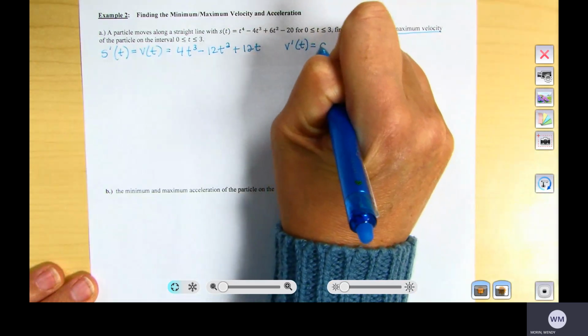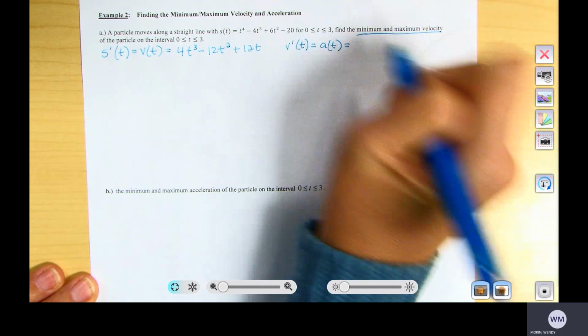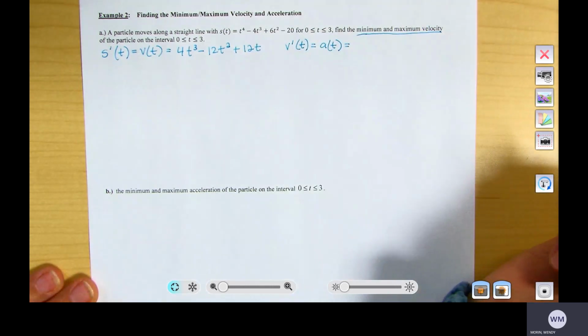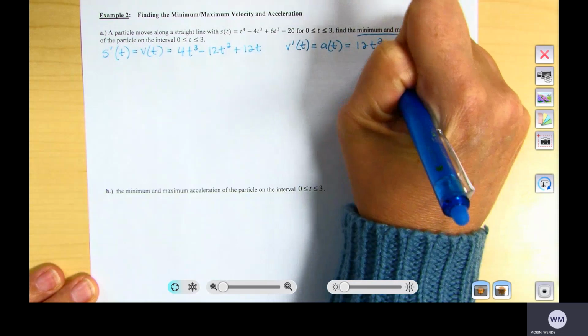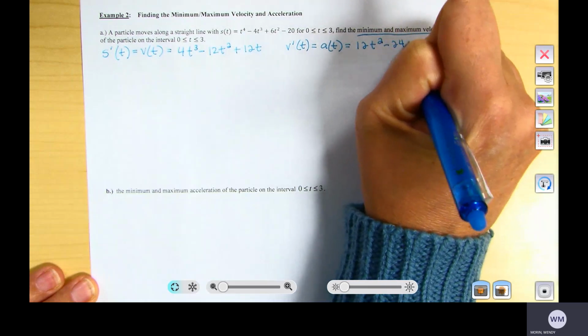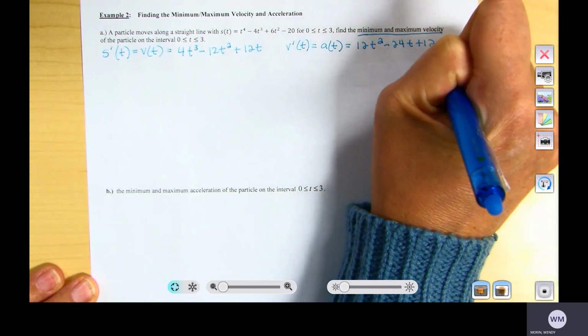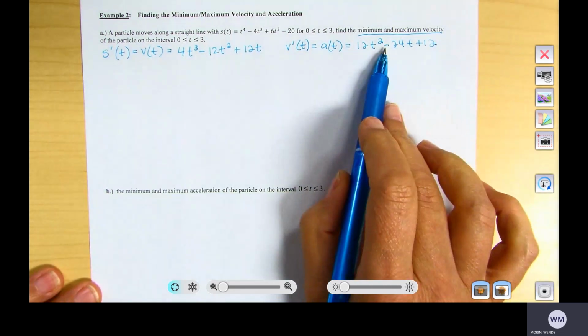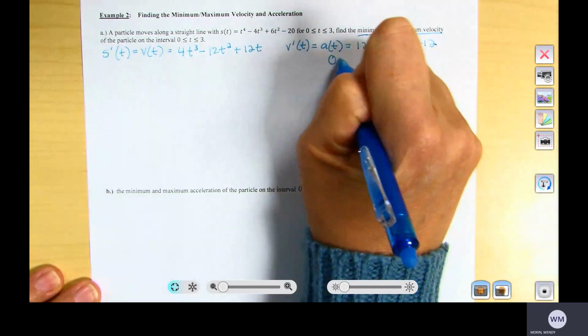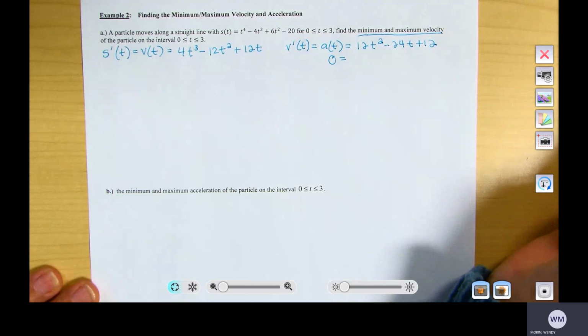The derivative of velocity, also called acceleration, is going to be 12t squared minus 24t plus 12. So the derivative of velocity is what we're going to set equal to 0.